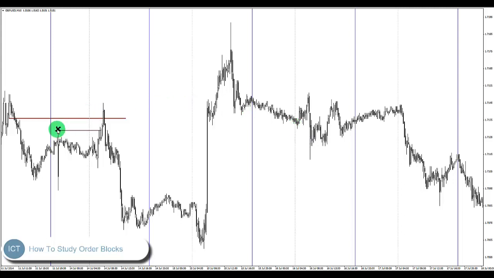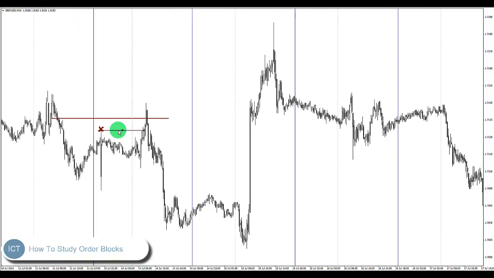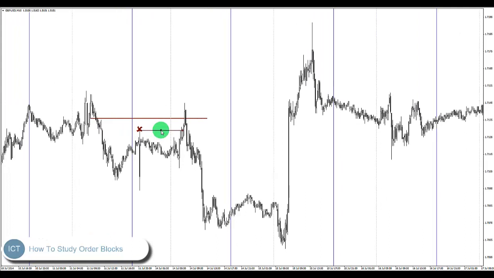We have an area where we see stops ran right here.